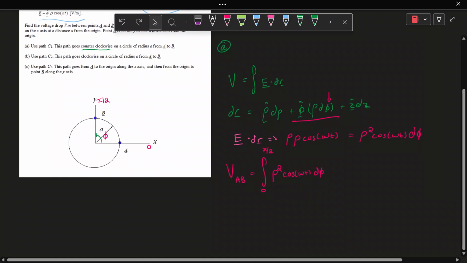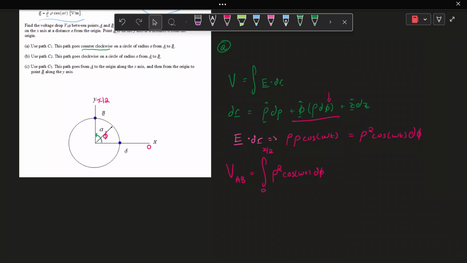Now, what is rho in cylindrical coordinates? Well, rho is our radius. And what is our radius in the context of this problem? It should be a. So a is not phi, so we can move that on the outside. It's technically a constant. So it's a squared, integration from 0 to pi over 2, cosine omega t. Does that depend on phi? No, it doesn't.